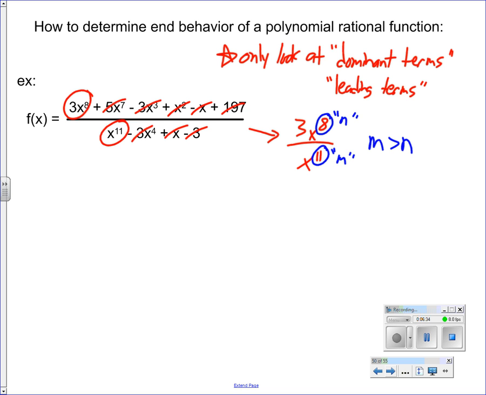That will make the whole thing as a fraction a smaller and smaller value as x gets larger. So we have a horizontal asymptote at y equals 0. So this function will get closer and closer to 0 as we put in larger and larger numbers.